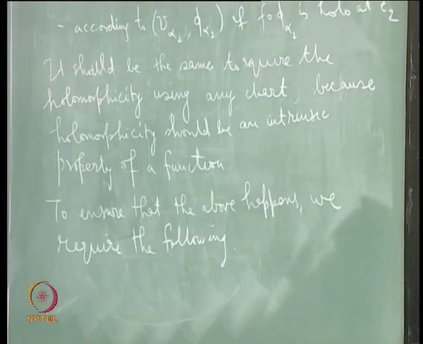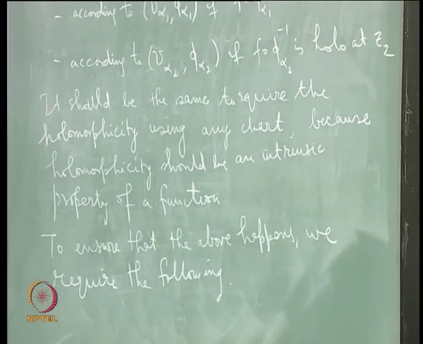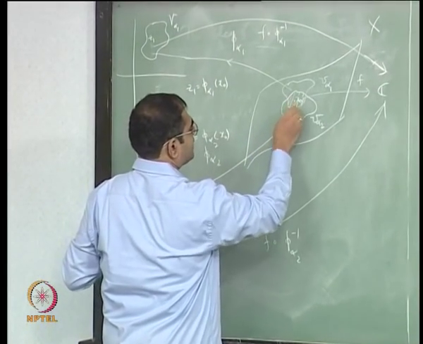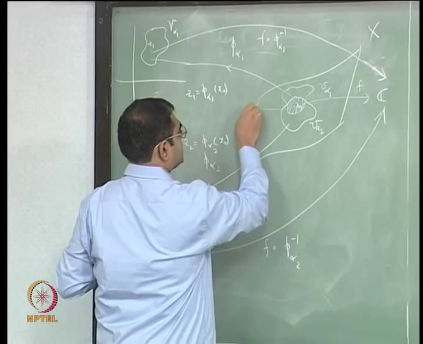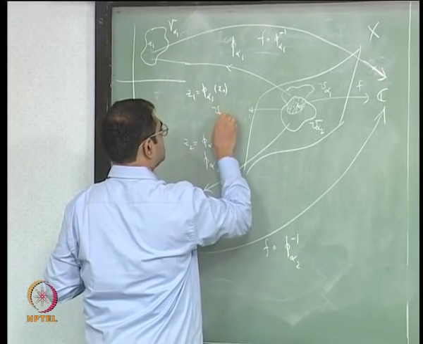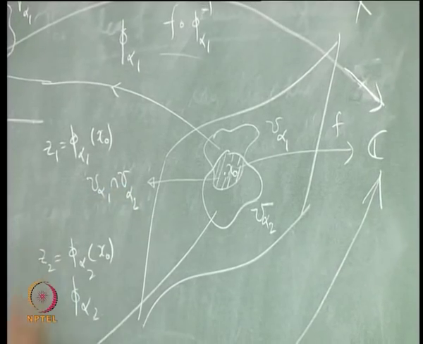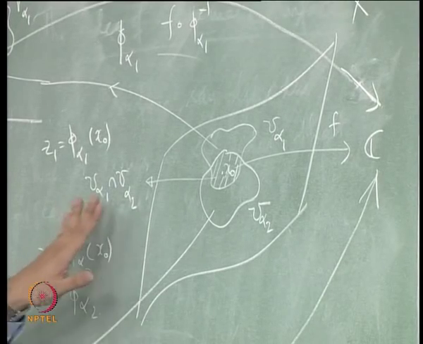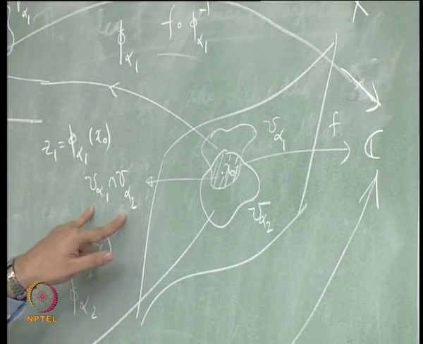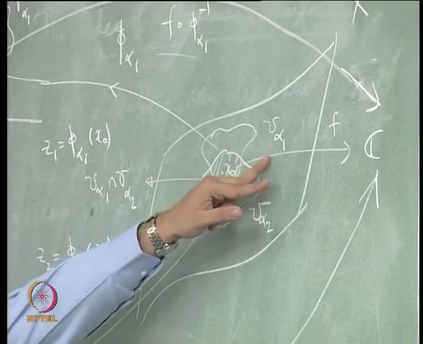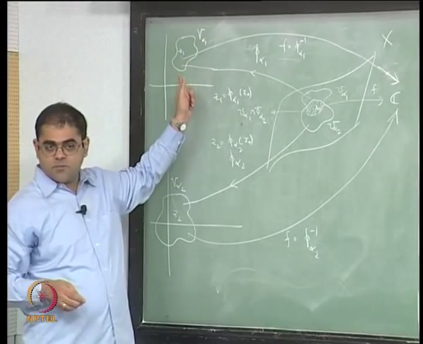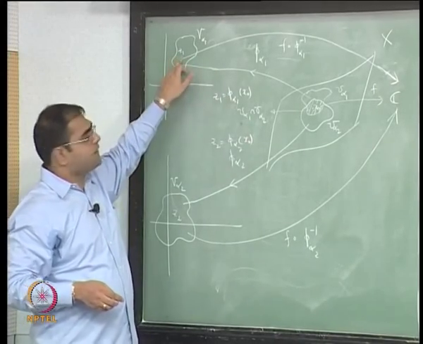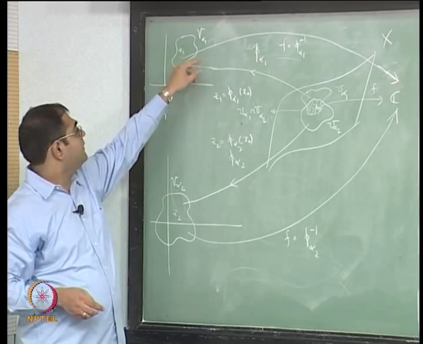So let me first explain it using the diagram here. I have this shaded region here. This shaded region is U alpha 1 intersection U alpha 2, and of course it's an intersection of two open sets, so it's open. It's an open subset of U alpha 1, and since phi alpha 1 is a homeomorphism, the image of this is going to be an open set in V alpha 1.